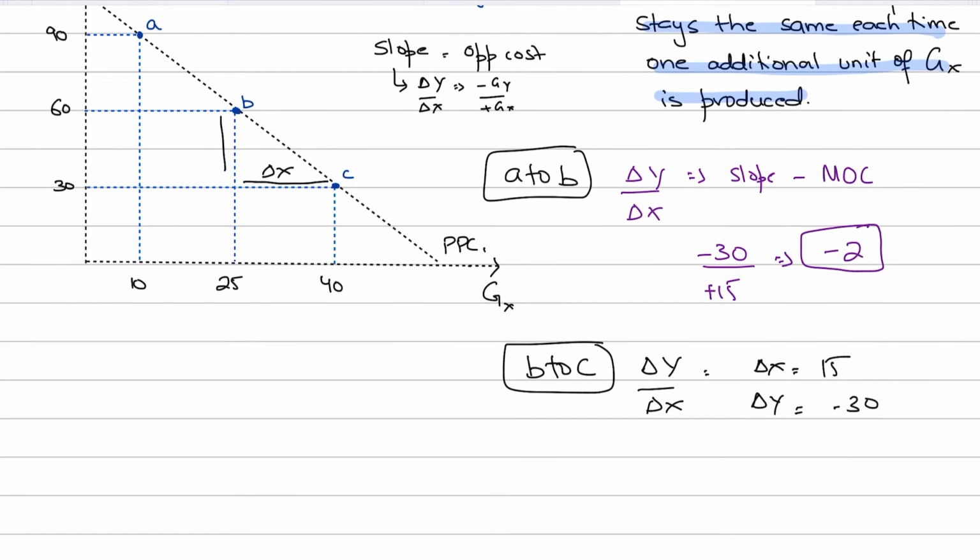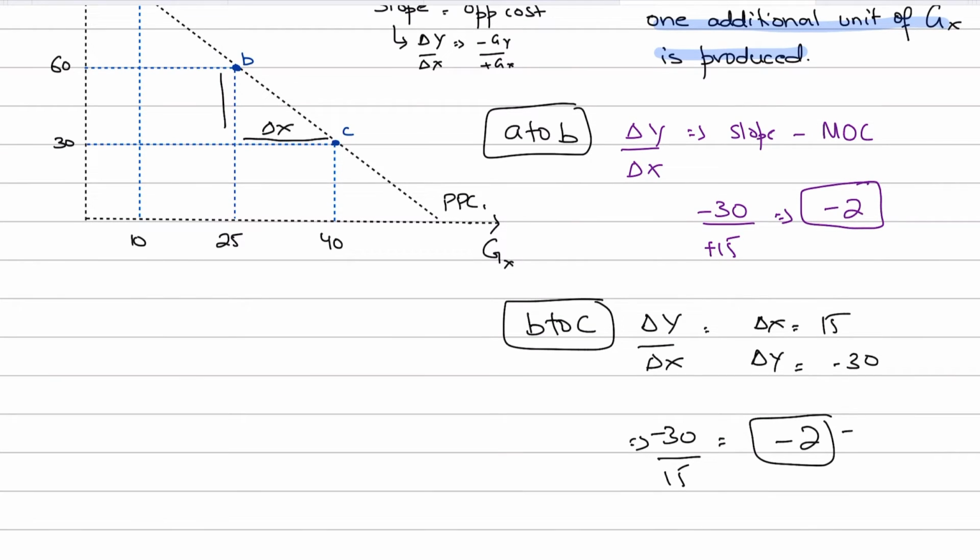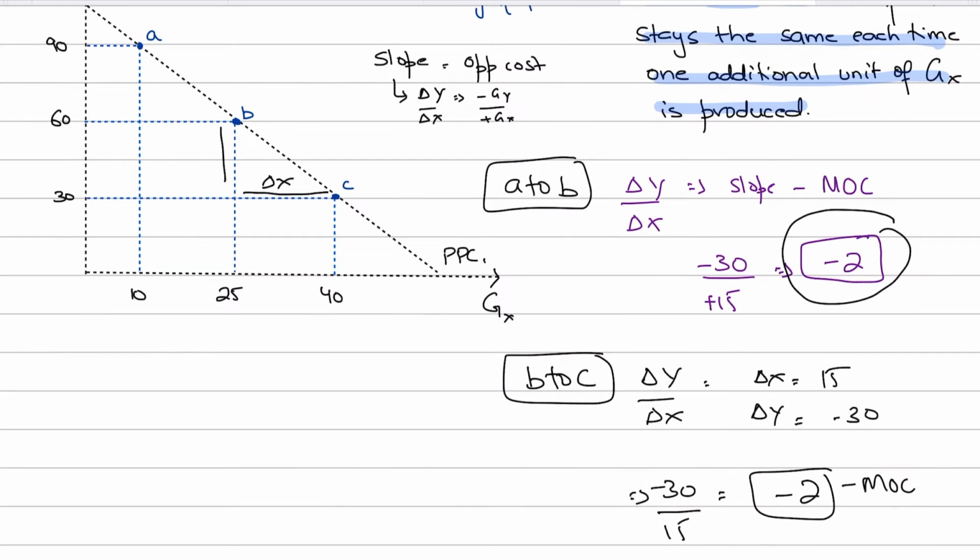If you put that into this formula, minus 30 over 15, again the answer is minus 2. This is simply telling us that the marginal opportunity cost of producing an additional unit of good x when you move from point B to C is again 2 units of good y. And the marginal opportunity cost to produce the previous additional unit of good x was still 2 units of good y when you move from A to B.